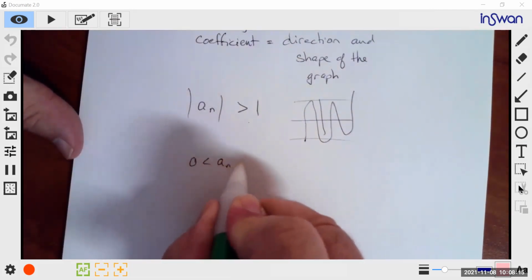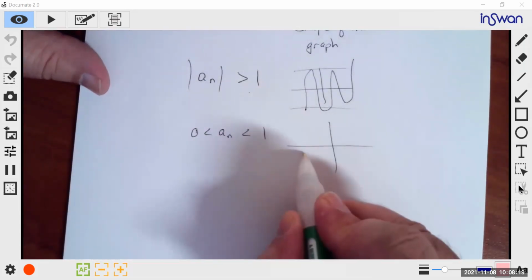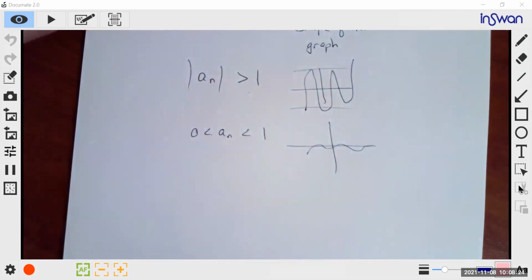If a is between 0 and 1, then it gets squashed and lengthened. So all this stuff, just by looking at the leading term, you can tell me a lot about the equation.